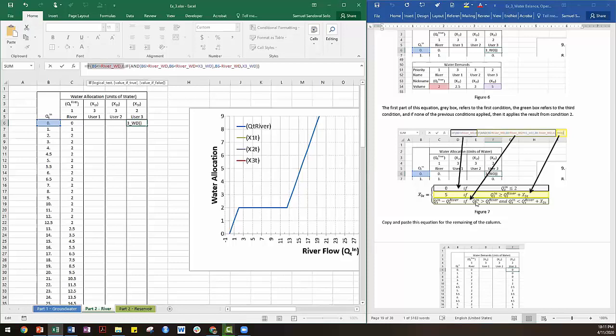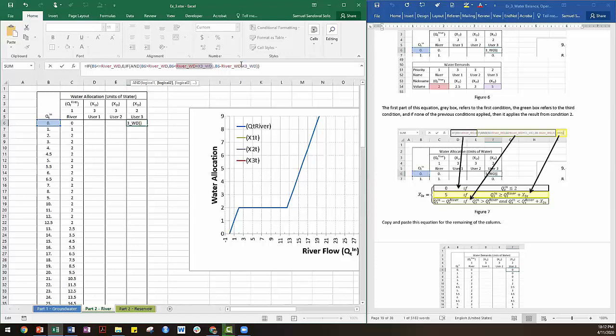The second portion is that if the available water is greater than 2, the river, and the available water is less than 7, which is the river plus 5 units of user number 3, then it will be this Q in minus river.